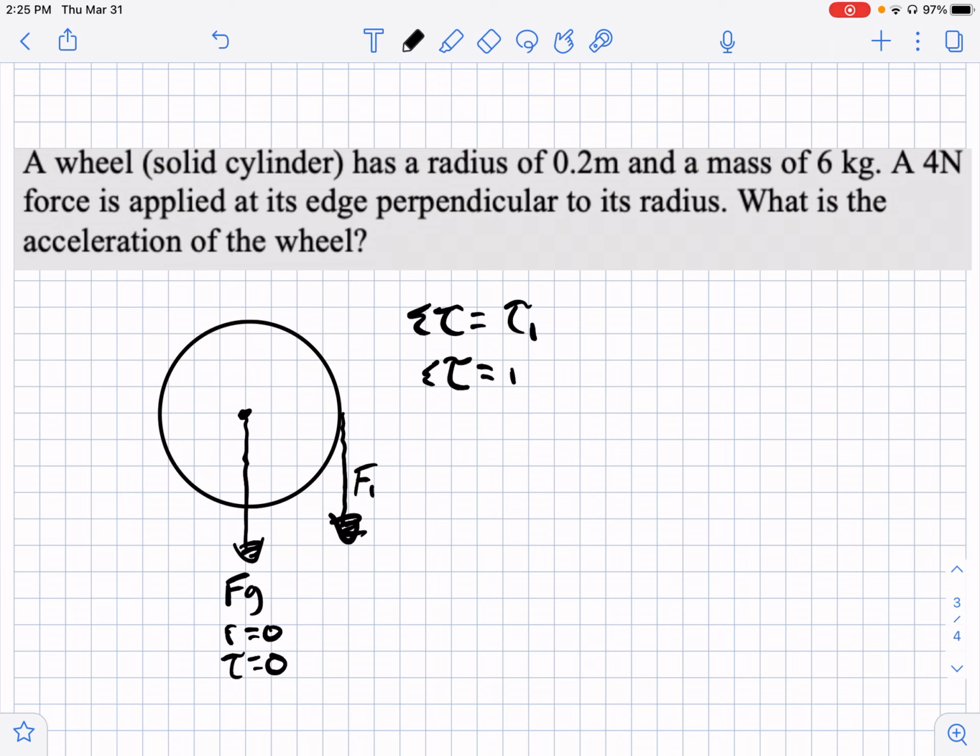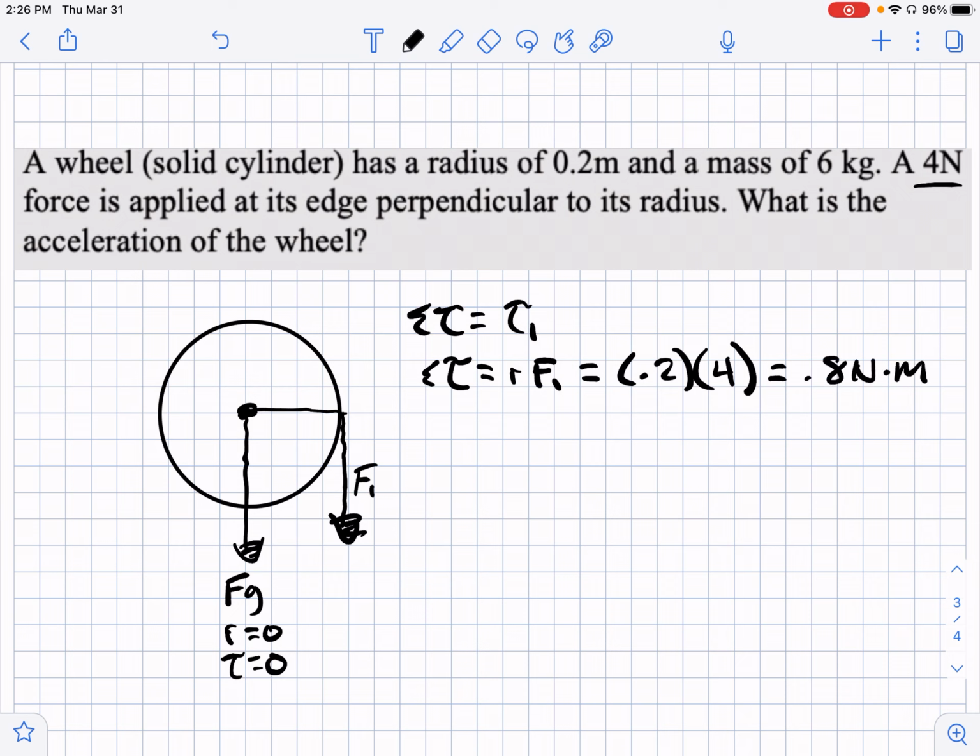It's going to be the moment arm times that force, and the moment arm is just going to be the distance from here to here, which is the radius. And then for our force, it told us in the problem that it's 4 newtons. So I got 0.2, which is that radius or that moment arm, times 4 newtons. So my net torque is just equal to 0.8 Newton meters.